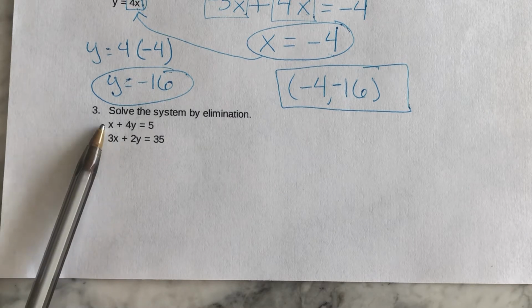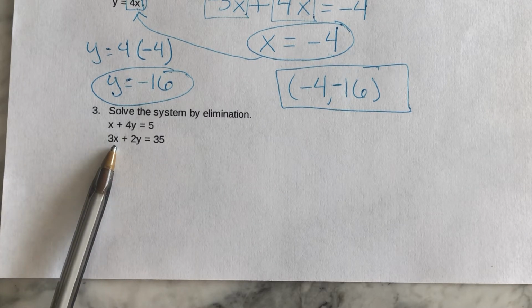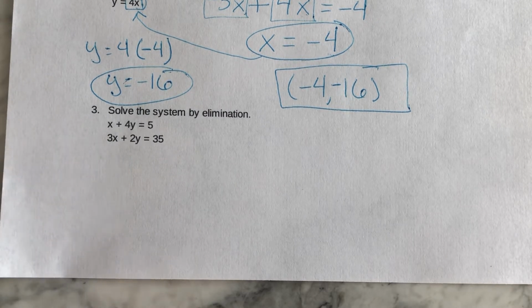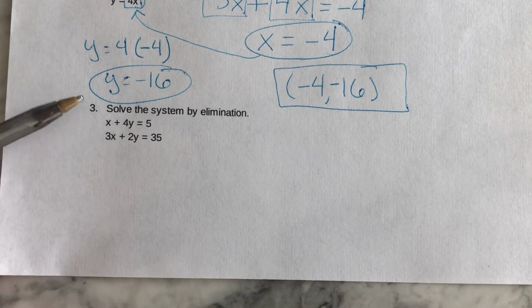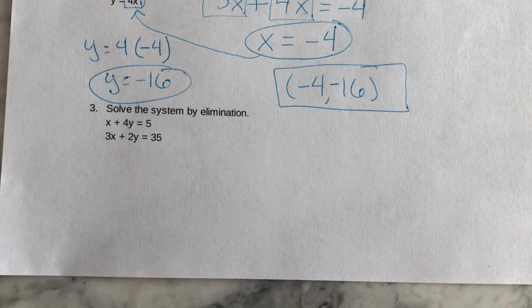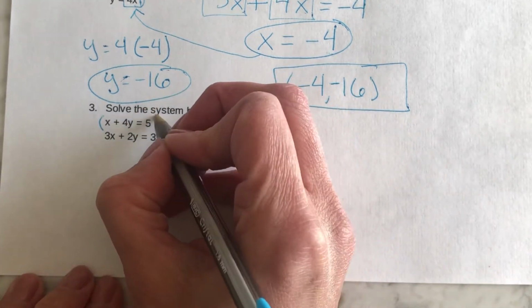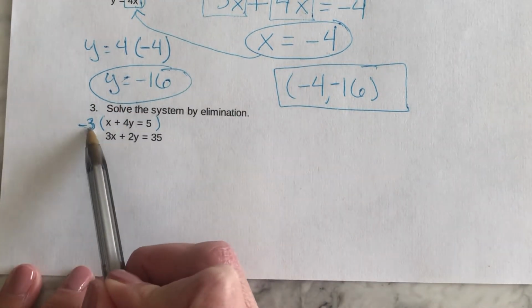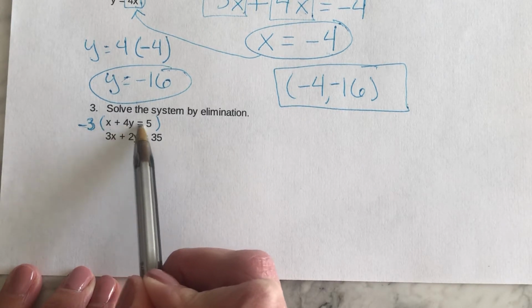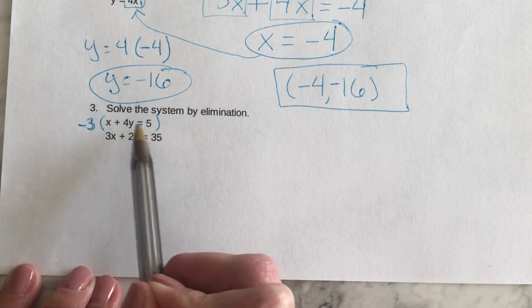So I see x and 3x. In order for it to eliminate, this top x needs to be a -3, because -3 plus 3 is 0, and that would eliminate it. So we're going to multiply this top one by -3, and you're going to distribute that -3 through the whole equation.